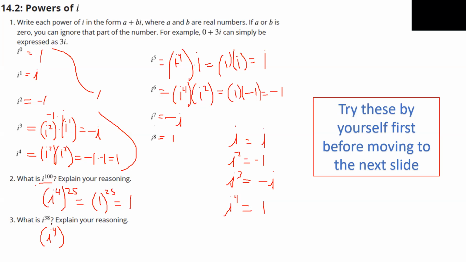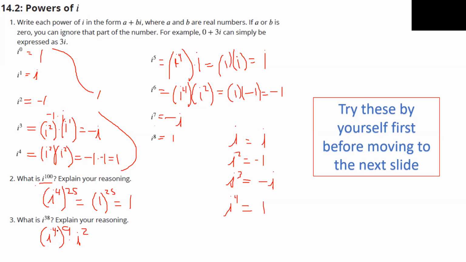Okay, so now that we have this, we know that 4 times 9 is equal to 36. And we have 2 left over. So if I were to multiply this times i to the 2nd power, I will end up simplifying this to i to the 38th power.